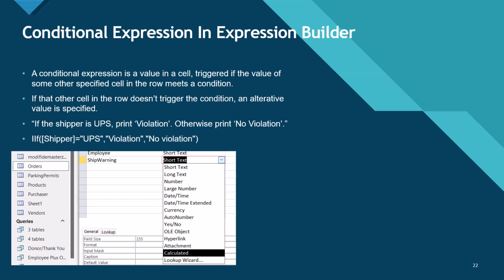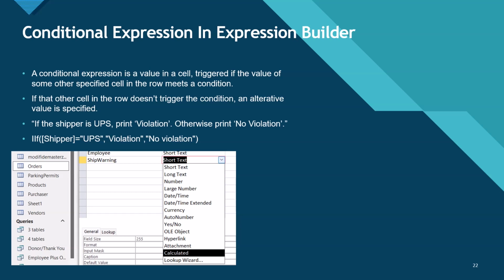Now we can also do conditional expressions in expression builder. Create a row which fires off information. For example, imagine shipping via UPS triggers some kind of violation.